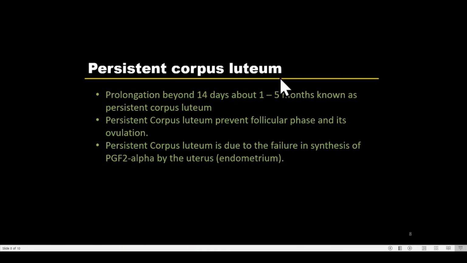Persistence of corpus luteum: prolongation beyond 14 days, about 1 to 5 months, is known as persistent corpus luteum. The persistent corpus luteum prevents the follicular phase and ovulation. It is due to failure in the synthesis of PGF2 alpha by the uterus.